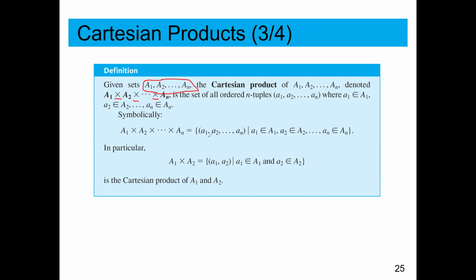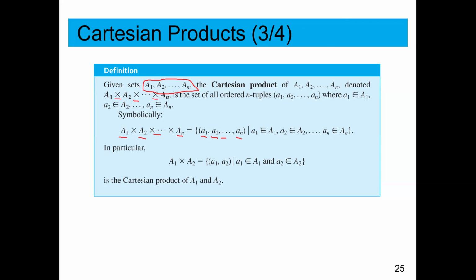If I do that, it literally means that the first element comes from the first set, A1. The next element comes from the next set, the next element would come from the next set, and so forth and so on until we get to our last set and last element. So this is just a way of creating ordered pairs.